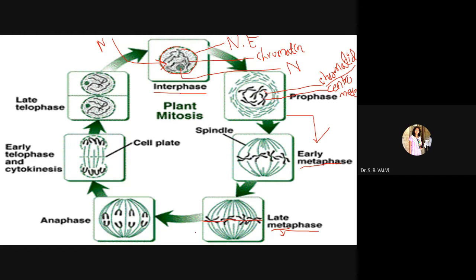Now when the same cell approaches the next phase, here you can see that from this centromere, these chromatids are pulling to the opposite poles. This is one pole and this is the other pole. So this particular chromatid will pull towards this pole, and this chromatid will pull towards this pole.